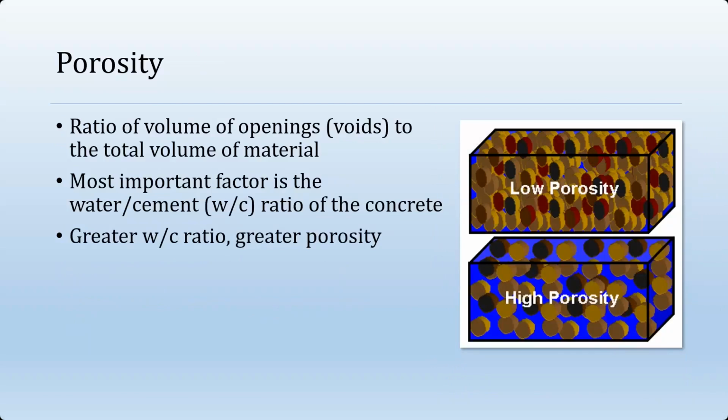So porosity is defined as the ratio of volumes of openings or voids to the total volume of material. The most important factor when placing concrete, of course, is the water to cement ratio. When we refer to pouring of concrete, as one prominent building science individual mentioned, that is very suggestive of a higher water to cement ratio.